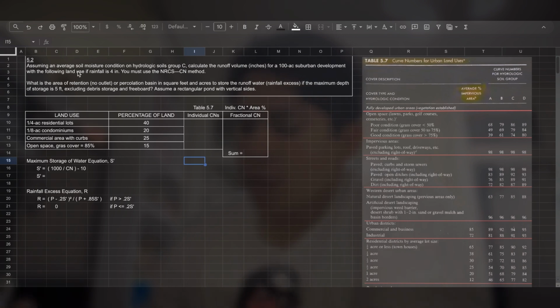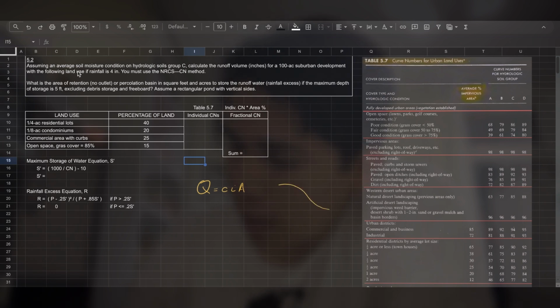If you remember, we already worked with the rational method, and the rational method said we have Q equals CIA. And all this is doing is that Q will be like the runoff after the precipitation.